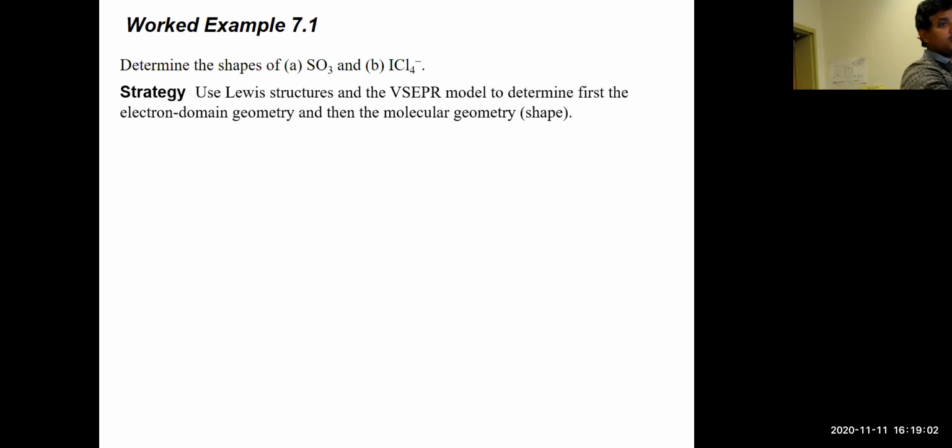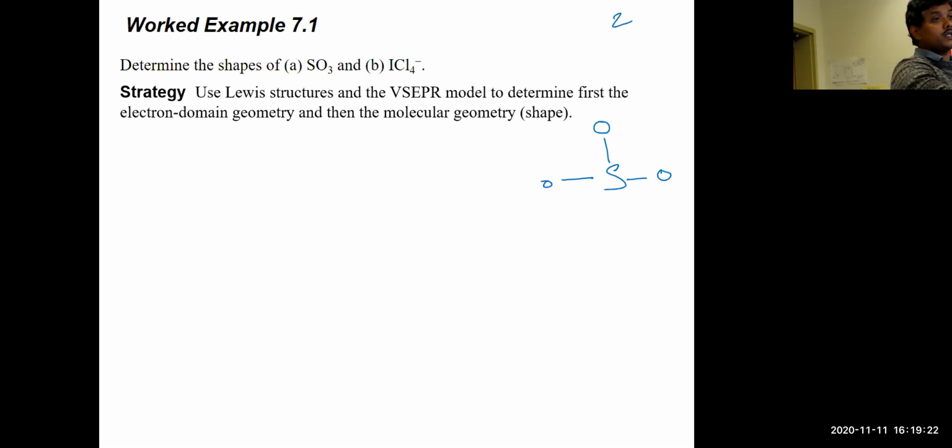So I'm going to use the sulfur atom, and I'm going to connect each one of the oxygens to the central atom. Now I'm going to deduct how many electrons I used for bonding. For 3 bonds, I use 6 electrons. So out of 24, I am going to subtract 6.